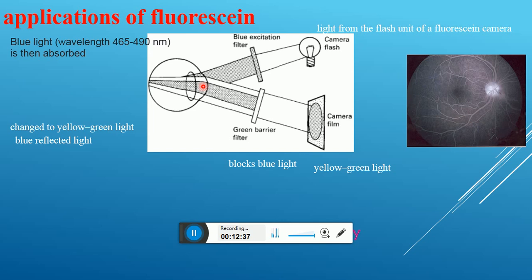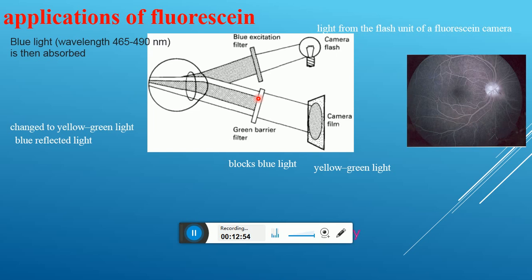The wavelength transmitted by the excitation filter approximates the absorption spectrum of fluorescein. Most of the light is absorbed, some is reflected unchanged, and some is changed to yellow-green light by fluorescence.